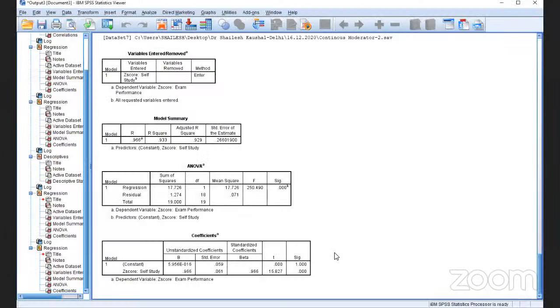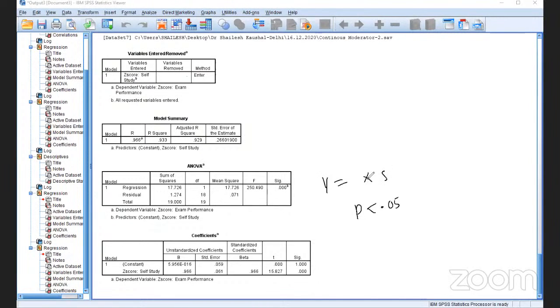The output is this. What is the p-value? Here the p-value, for Y and X, is less than 0.05.